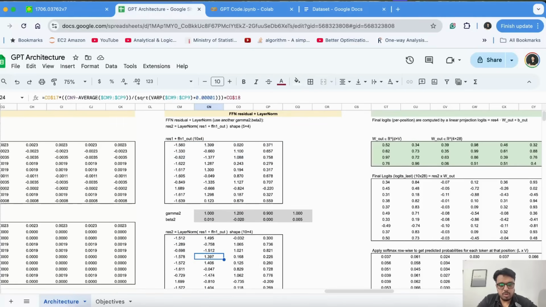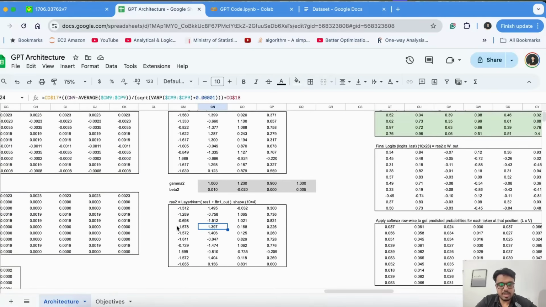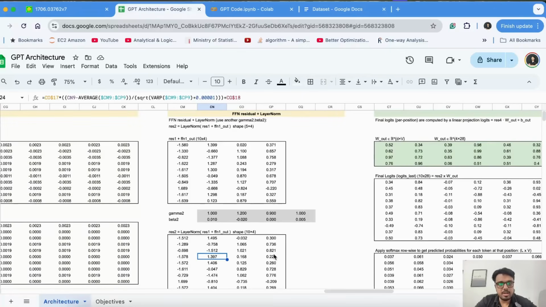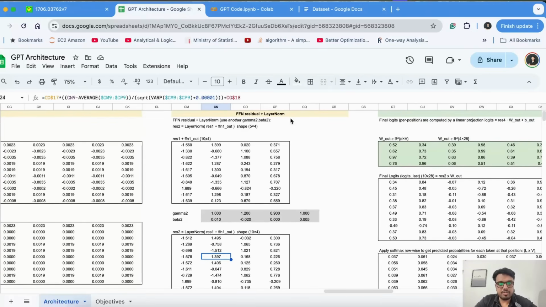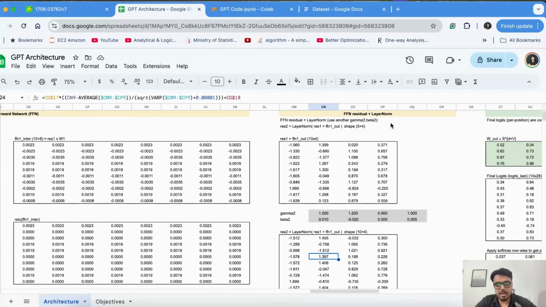We do this across all the elements in the matrix, and the resultant matrix is effectively the outcome of the feed forward residual connection plus layer normalization.